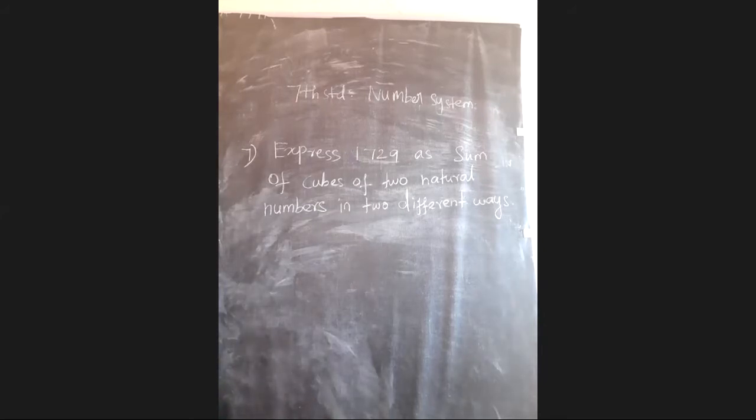Express 1729 as the sum of cubes of two natural numbers in two different ways. This is a question for you.